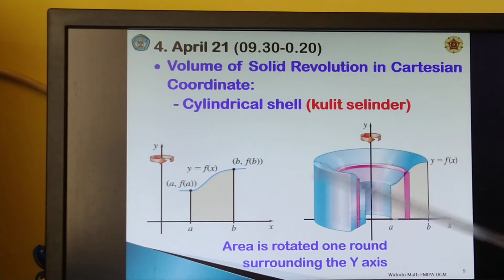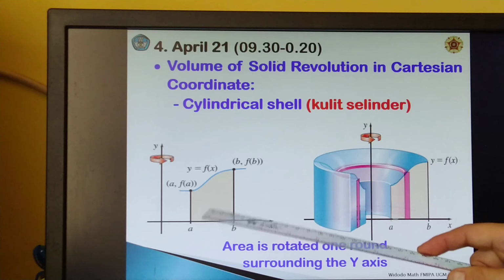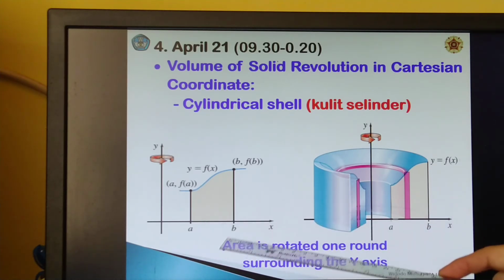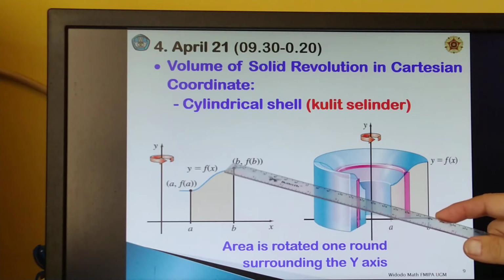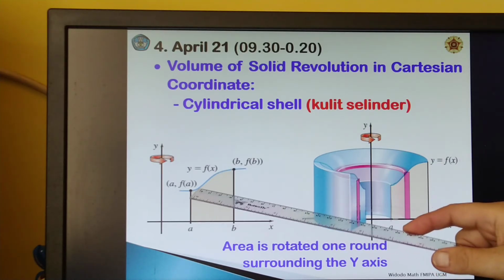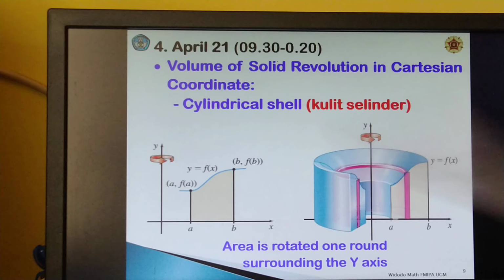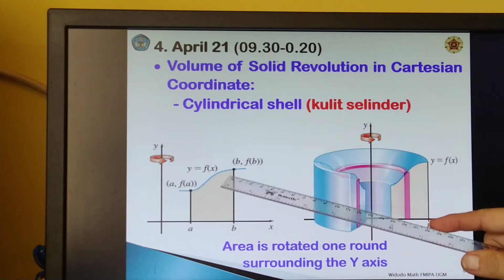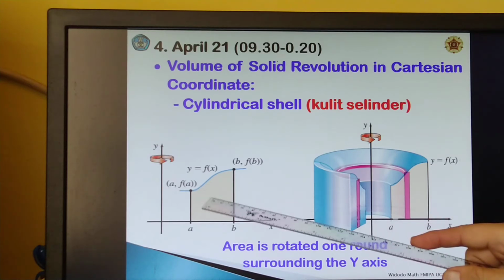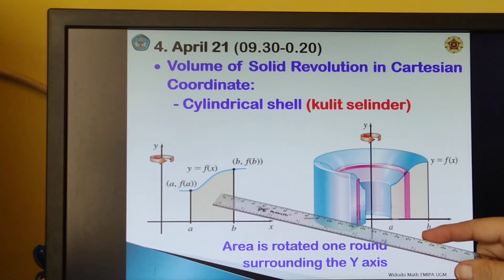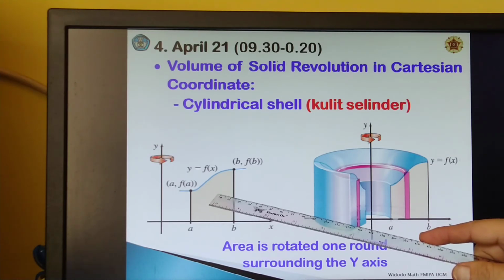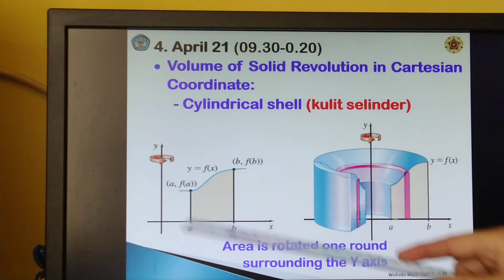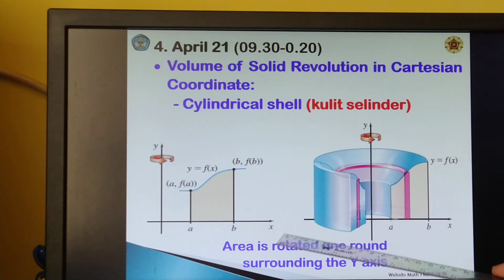In principle, if we have an area, for instance the dashed area restricted by x equal to a, x equal to b, and y equal to f(x), we would like to integrate not with respect to y, but with respect to x.